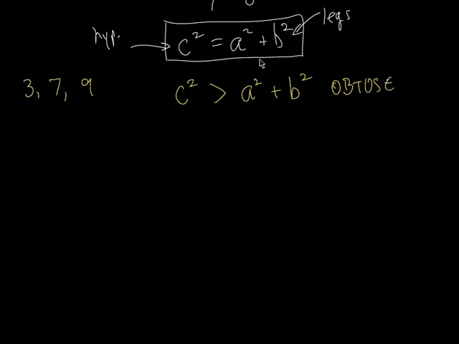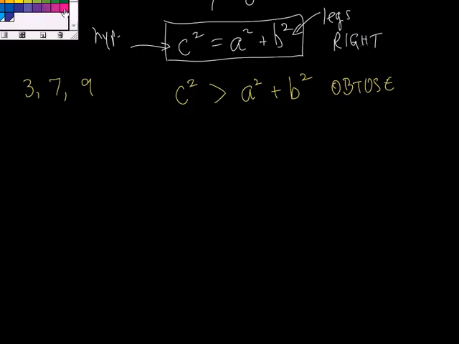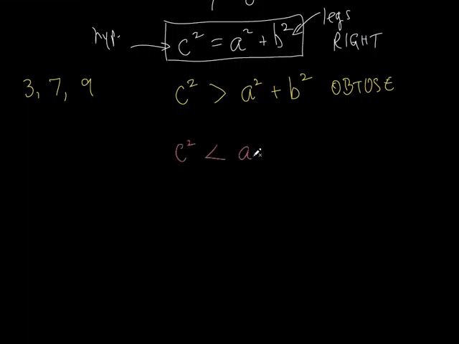Now remember, if they were equal, what kind of triangle would it have been? Right. It would have been a right triangle. Agreed? If it's equal, it's a right. If it's greater than, it's obtuse. If C squared was less than A squared plus B squared, guess what kind of triangle that would be? That would be an acute triangle.